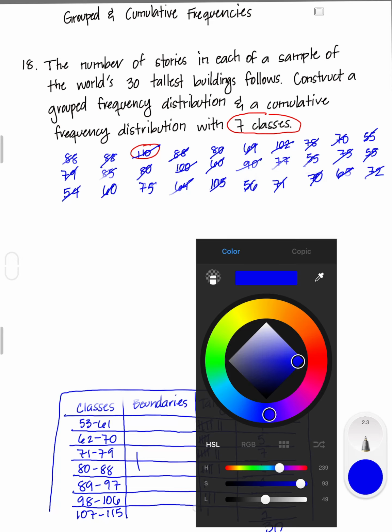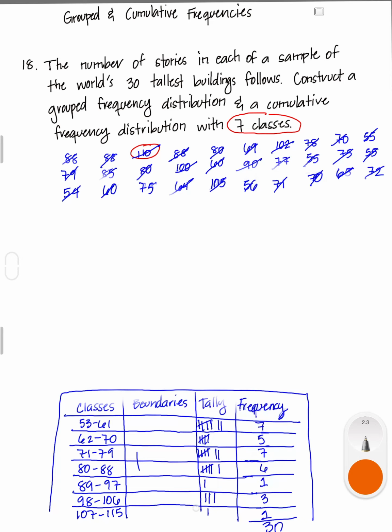Now let's go ahead and work on our cumulative distribution.